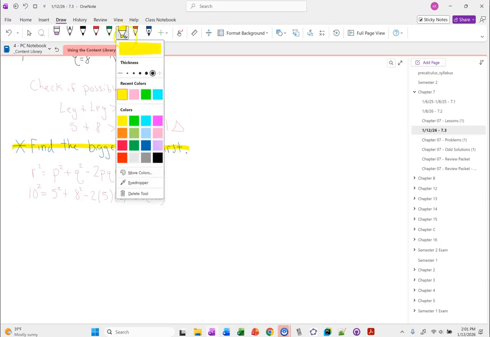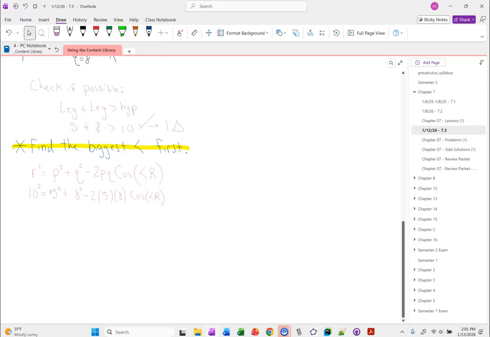The number one thing students will do is type that all into the calculator and make that the coefficient for cosine R. What's the problem with that? The 5 squared and the 8 squared aren't attached to cosine R. Those are separate values.